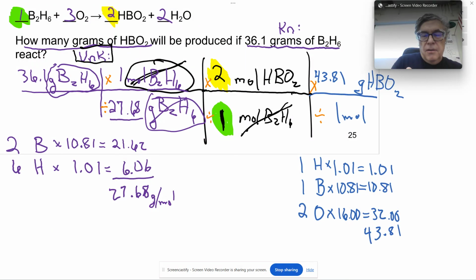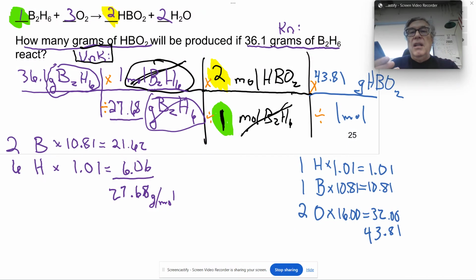So I'm going to put this in order from left to right, following those orange mathematical operations. So I'm just going to do 36.1 times 1 divided by 27.68. I'm kind of checking my display to make sure I haven't made a mistake. Now I'm going to go to the mole ratio, times 2 divided by 1.